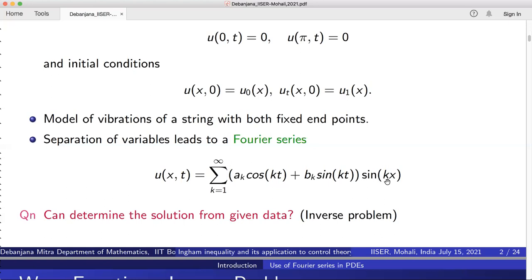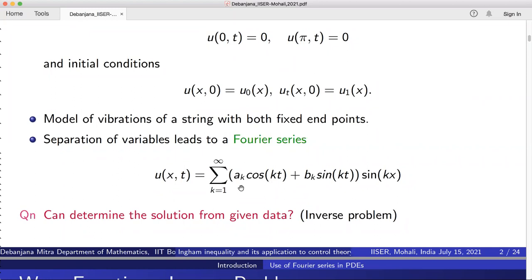You could ask why we don't expand it with the cos function. That we could also do, provided we have the Neumann boundary condition. But here I have to choose the solution such that this boundary condition holds, so I take sin kx. This is the Fourier series expansion we have for the solution.